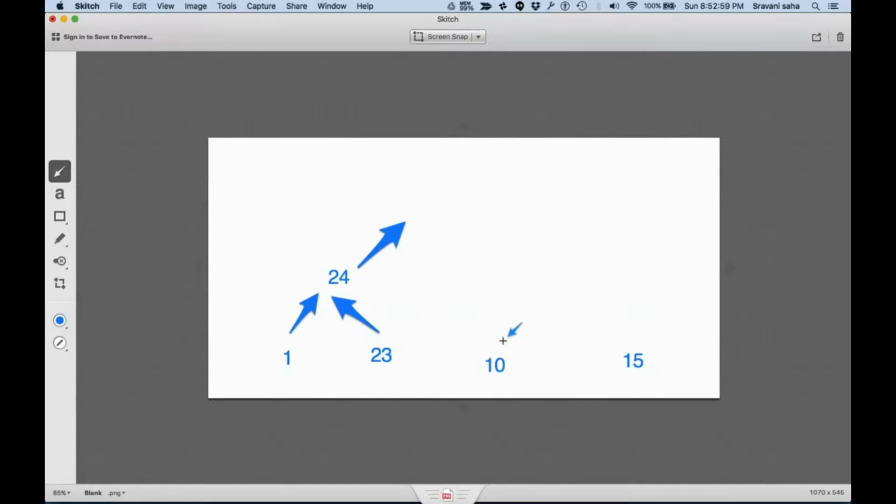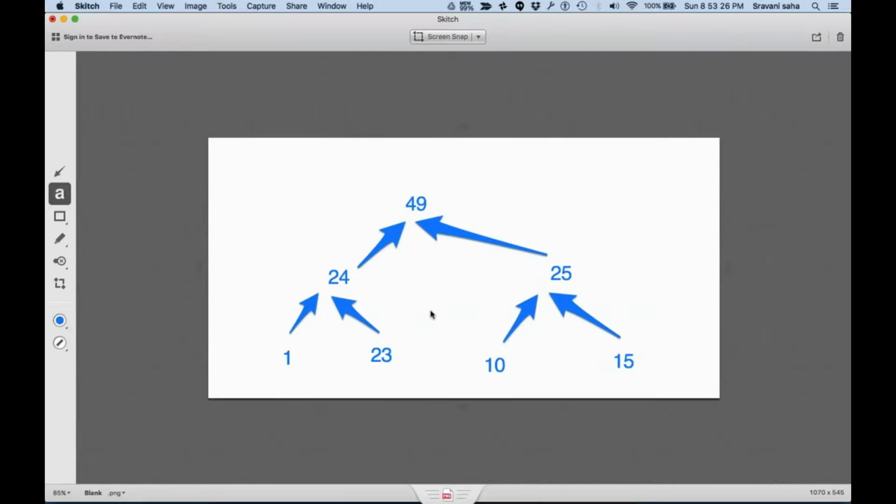How much is that? Anybody? It's 25. Now when 25 and 24 are added, you get 49.